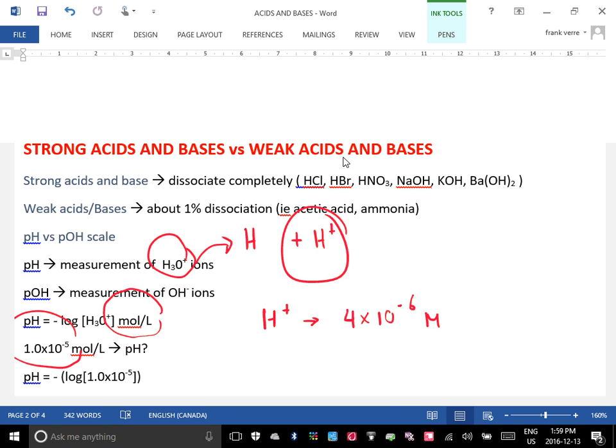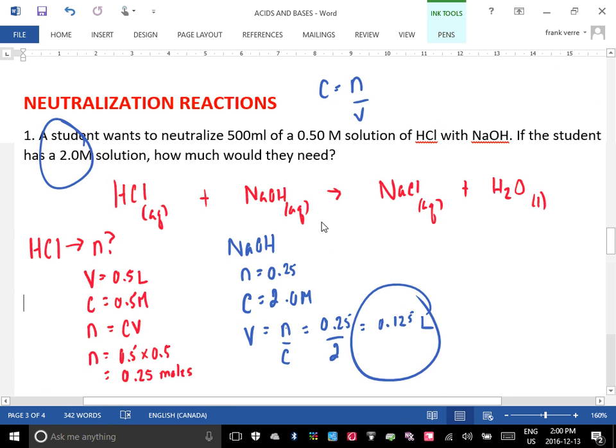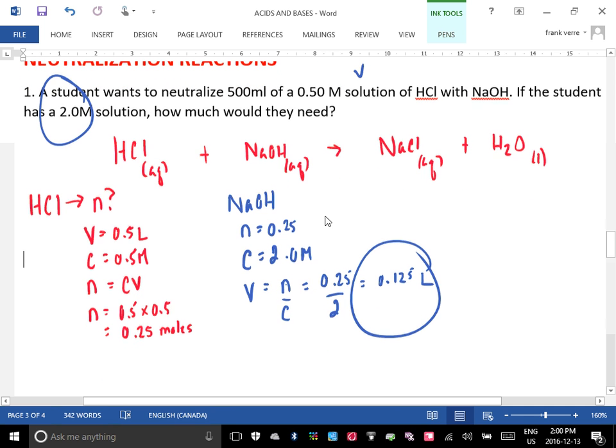But if it's a weak base or weak acid, then not all of it will break up. That's something you'll talk about in grade 12. So I'm not going to worry about that right now in grade 11. Because you can kind of see the problem, right? If I have a strong acid like HCl, I can figure out how many moles of HCl I have. I have 0.25 moles.